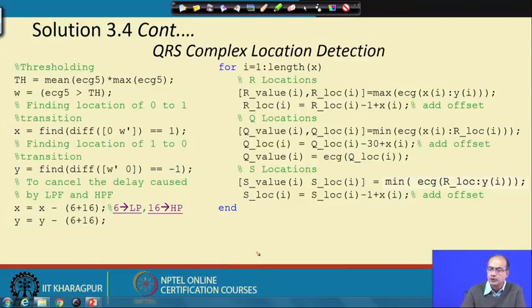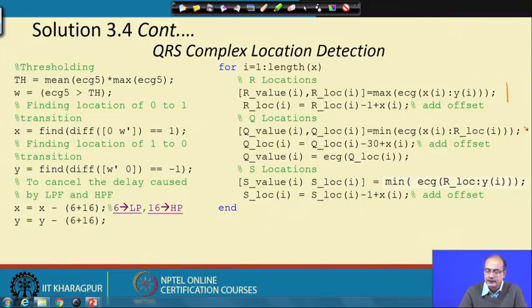Next we look for the maximum point between the 2 points x and y, which gives us the R. If we go a little backward from the R point, we look at the location of R and the minimum point where it started, that is xi.